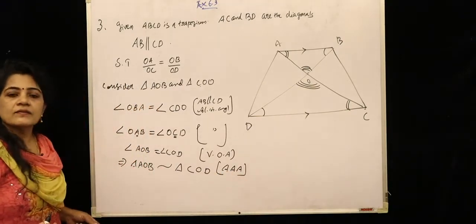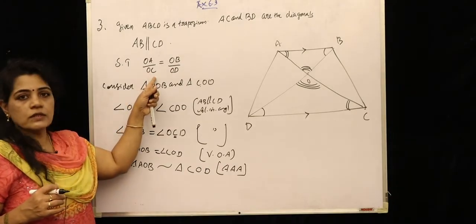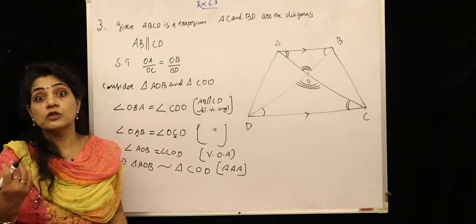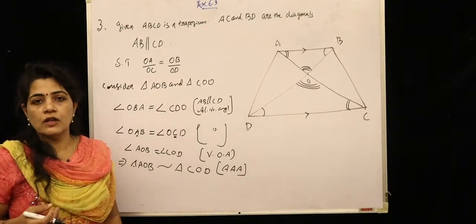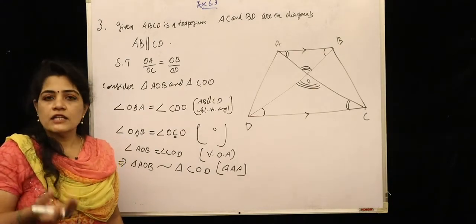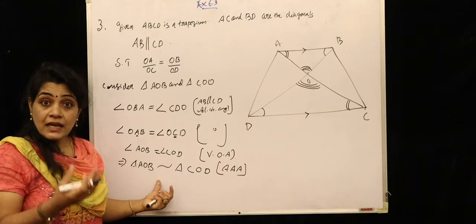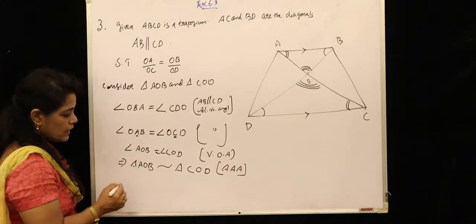But what is asked? We have to show that OA by OC equal to OB by OD. That means we have to use CPST, that is, if two triangles are similar, corresponding angles are equal and all the corresponding sides are in proportion. From this what you can write?